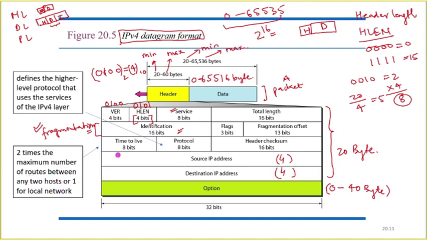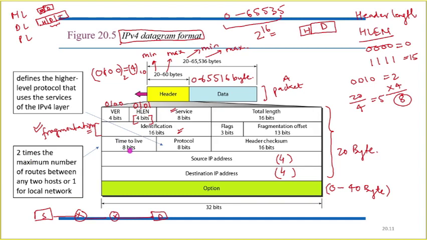In the sense that suppose this is the source and this is the destination, and in between there are different routers. Whatever the number of routers is, it is multiplied by 2. So 2 routers multiplied by 2 is 4, and 4 will be the value put into this 8-bit format.